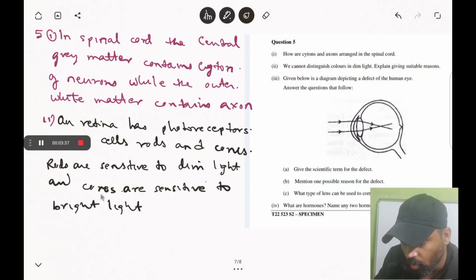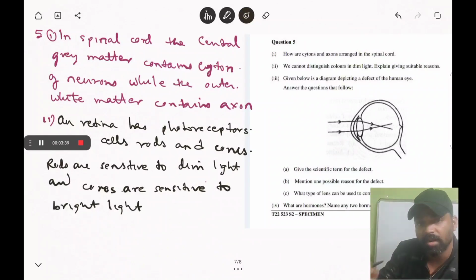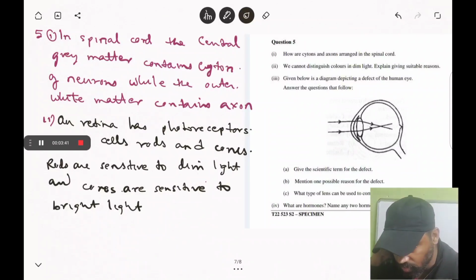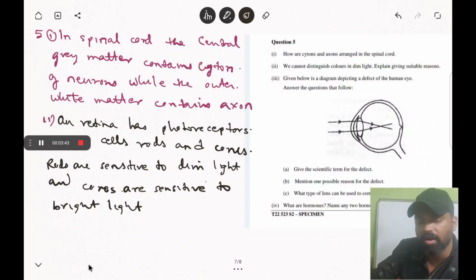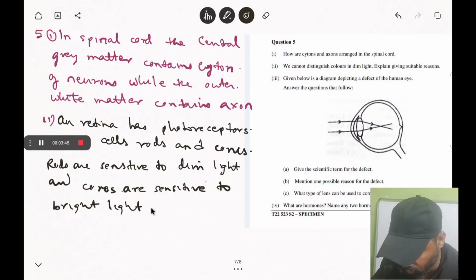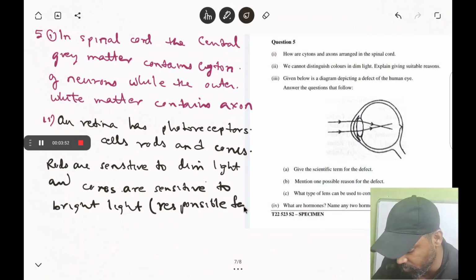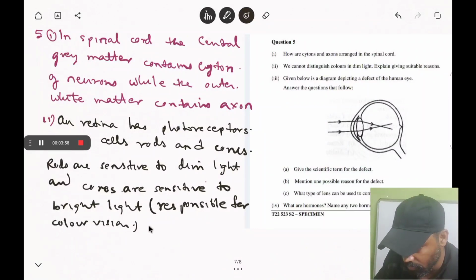Which means rods help in night vision and cones are responsible for color vision. Cones are sensitive to bright lights and cones are responsible for color vision. Yes or no?